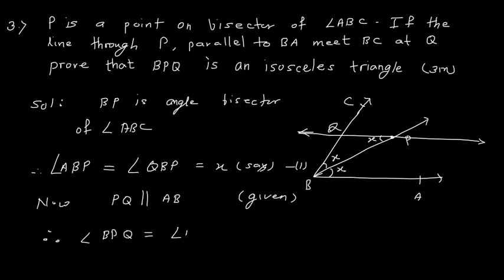This is equal to angle ABP. Okay, ABP is equal to x. We will say alternate angles, right? Alternate angles are equal when two lines are parallel. So alternate angle.